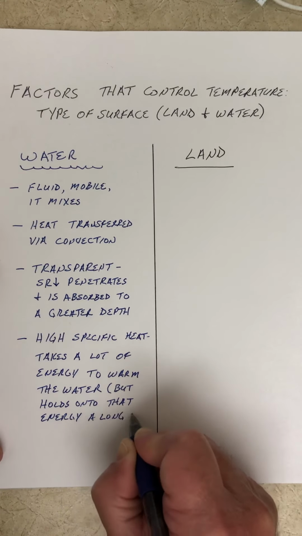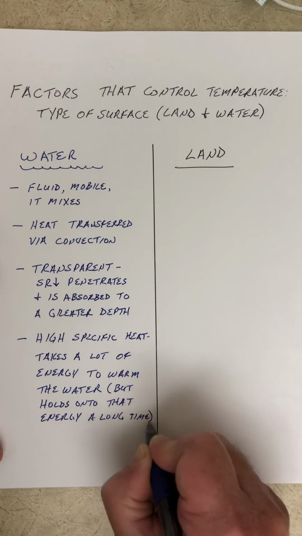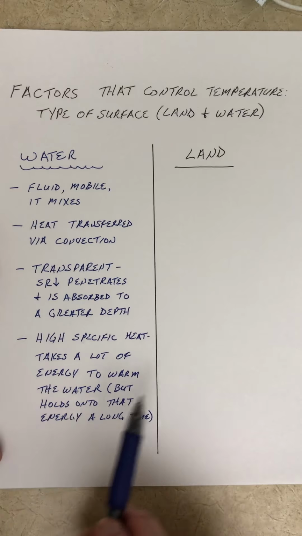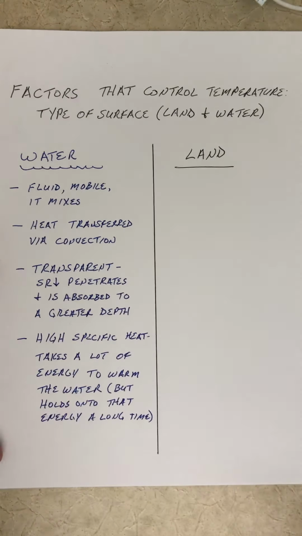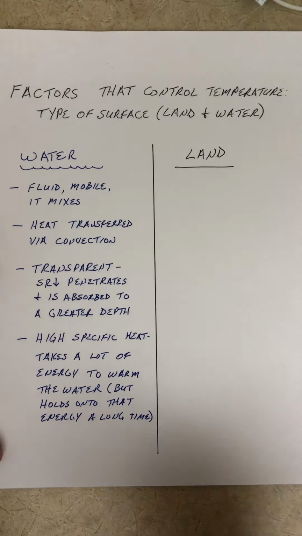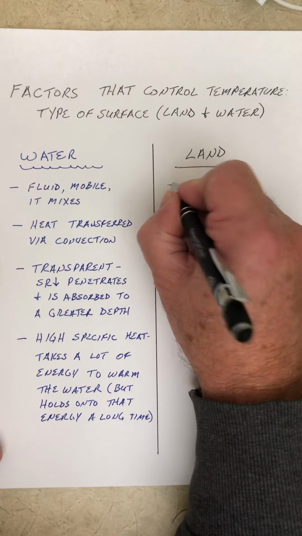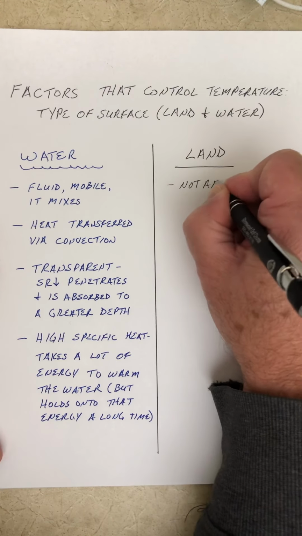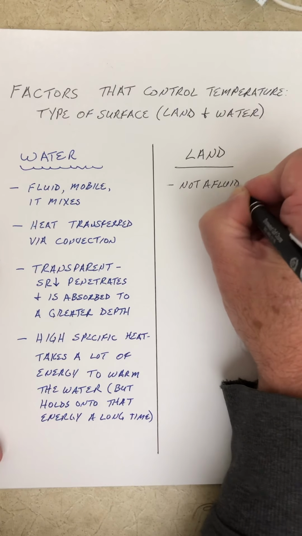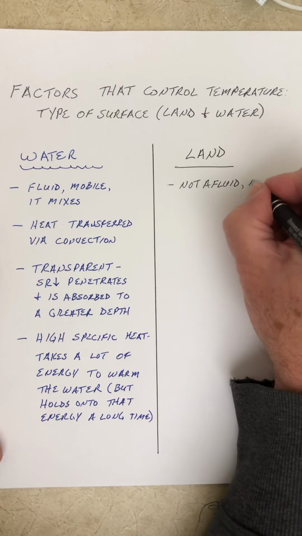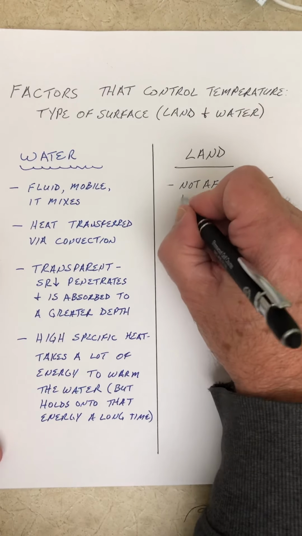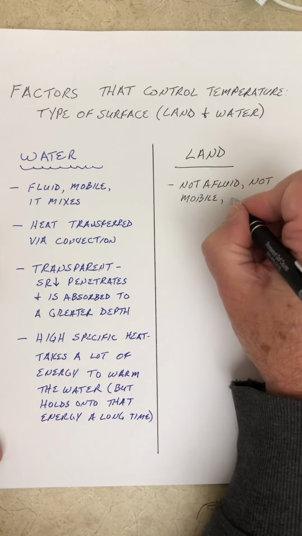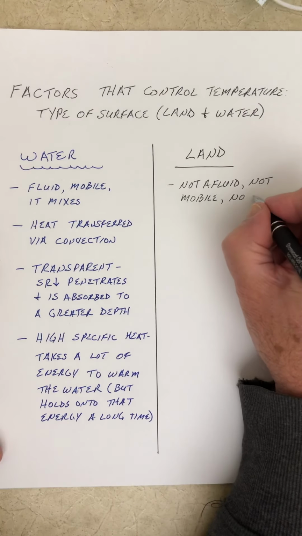Now, let's look at these 4 points from the land's perspective. So obviously land is not a fluid. So it's not mobile. So there's no mixing that's taking place here.